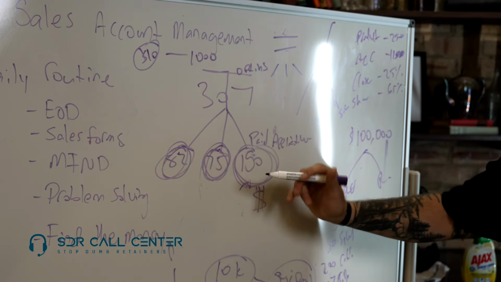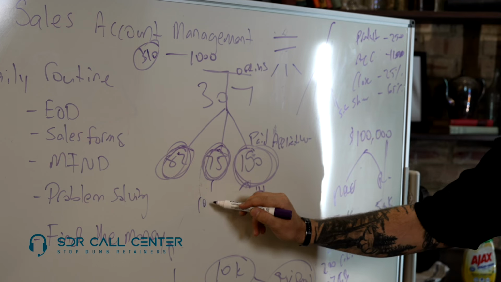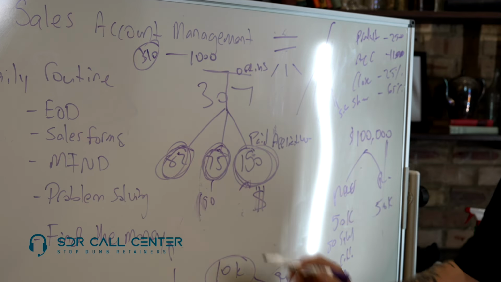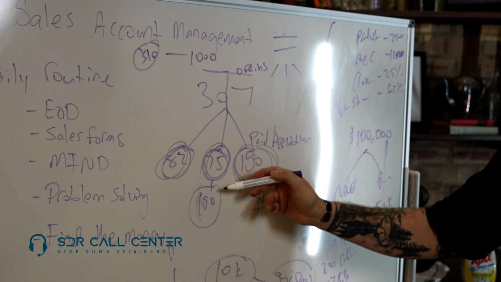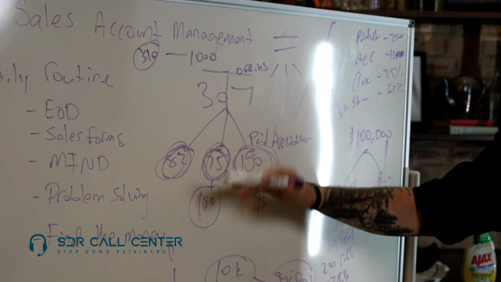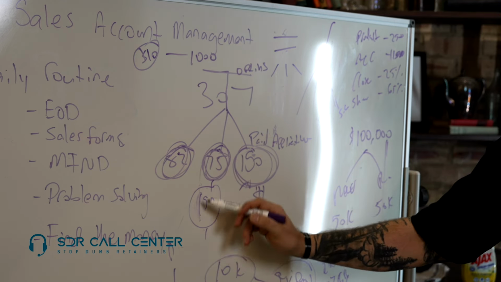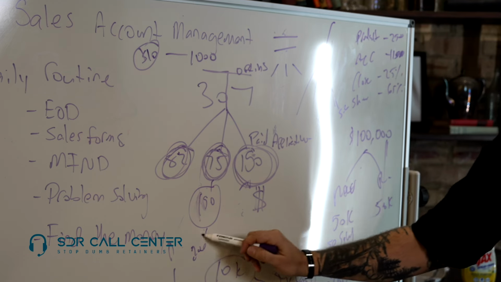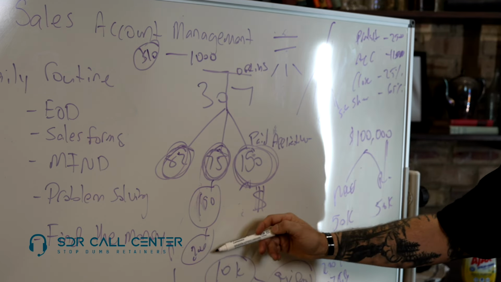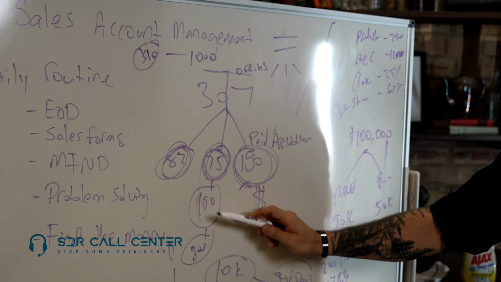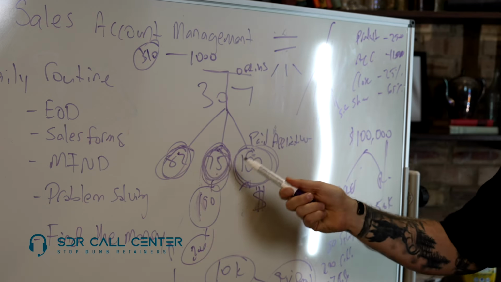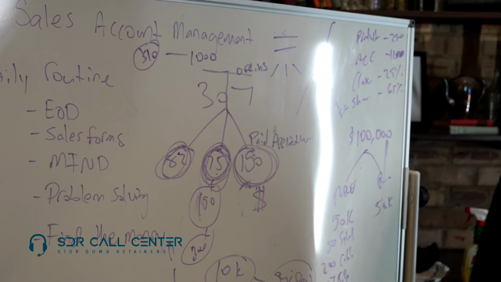In order to book 75, let's say we have to have 150 turn up to a discovery, a 50% pass-through rate. And then to get that, we have to do 200. So we need 200 discoveries to have 150 show, to get 75 to show up to be part of our 307.